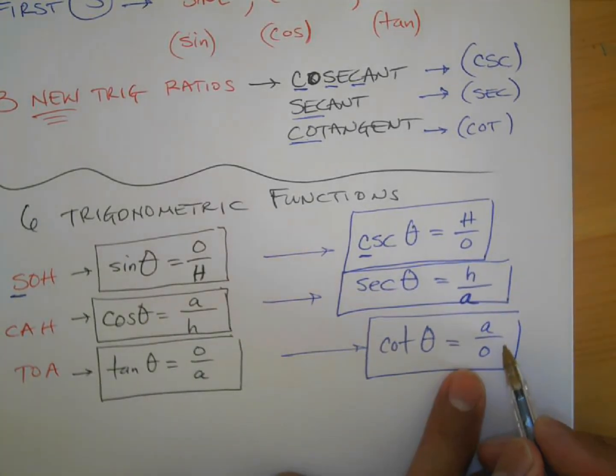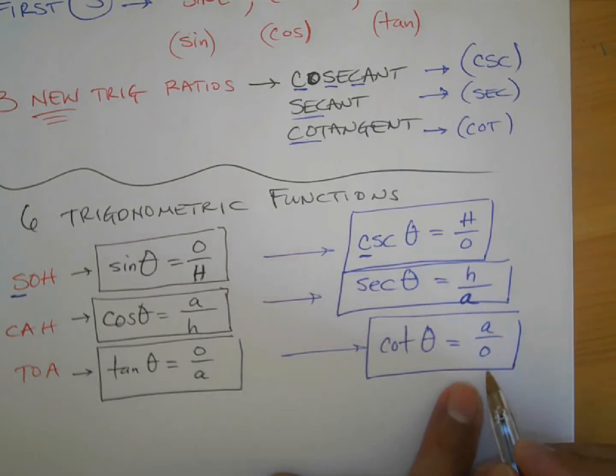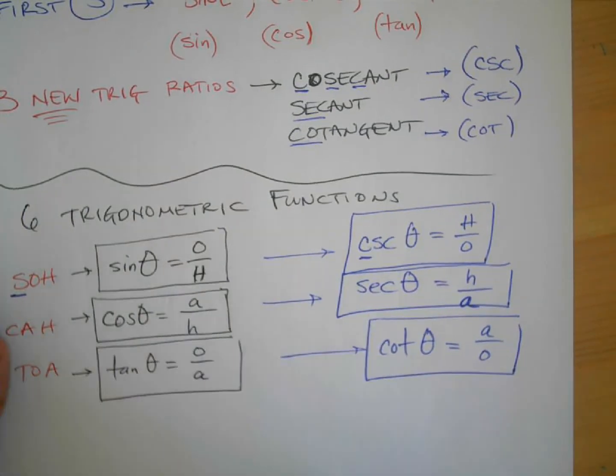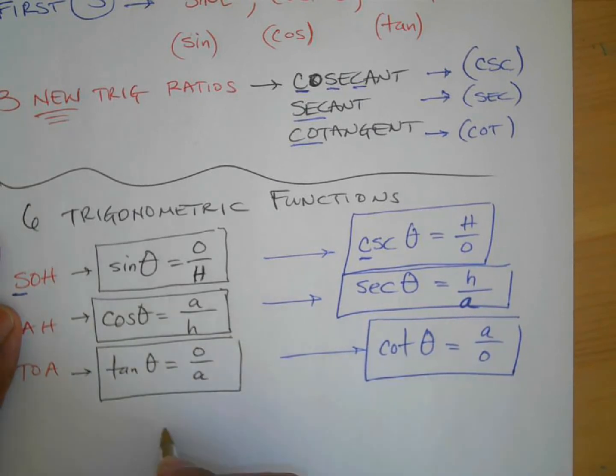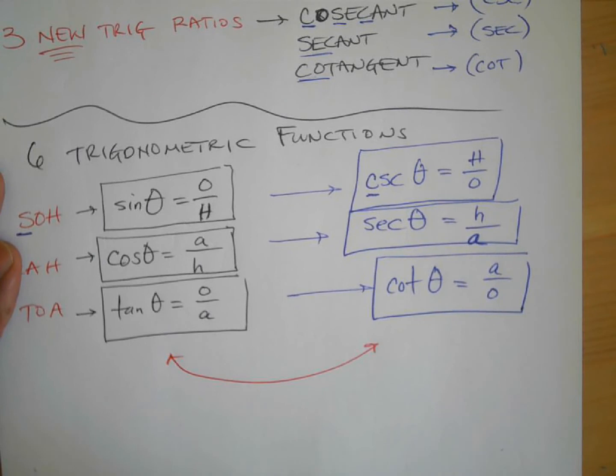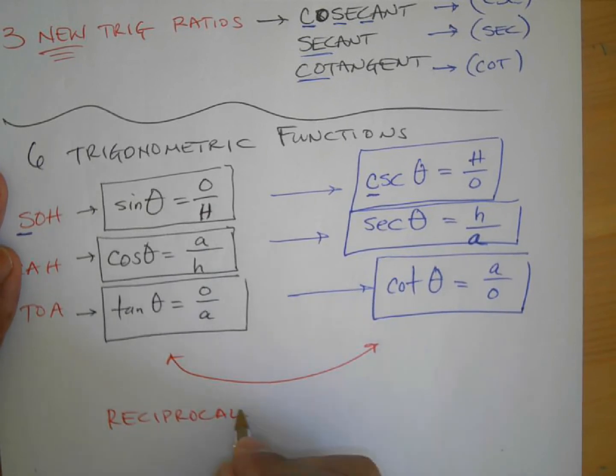If I know cotangent is 2 over 7, then I can figure out that this one is what? 7 over 2. Either way you look at it, you can go back and forth. Again, these are reciprocal identities. That's what happens with these ratios.